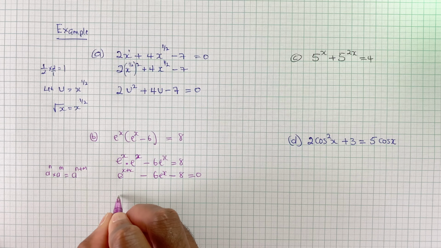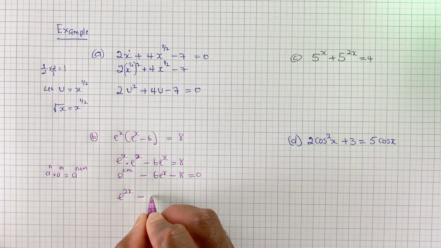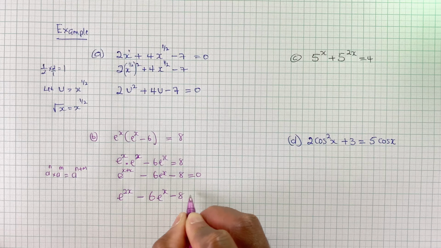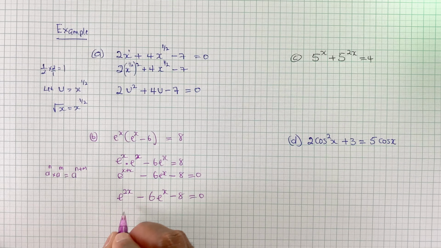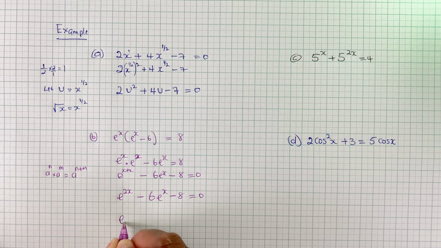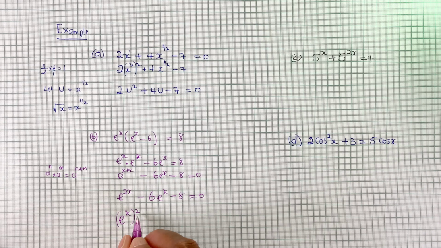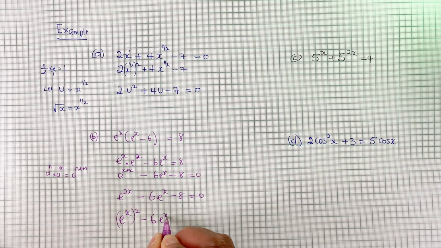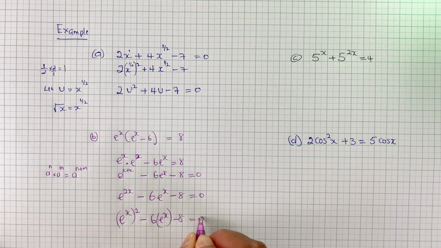And then I've got here e^(2x) minus 6e^x minus 8 equal to 0, which I can write as (e^x) to the power of 2, minus 6e^x, minus 8 equal to 0.